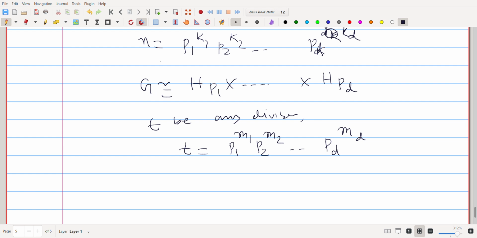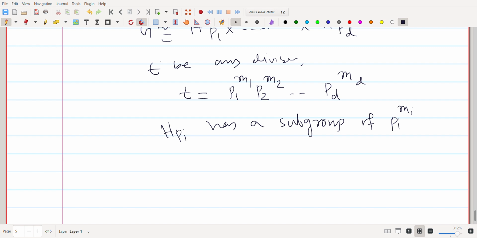Now from the previous result, we know that H_pi has a subgroup of order pi power mi. Then take that subgroup, say H_pi,pi^mi. This is the subgroup, and consider H as the product of these, say H_p1,p1^m1 cross H_p2,p2^m2.